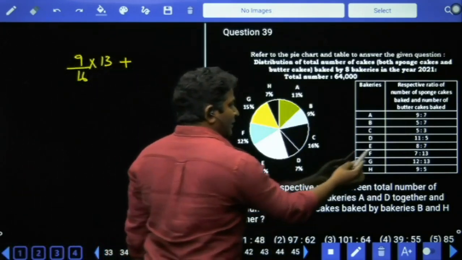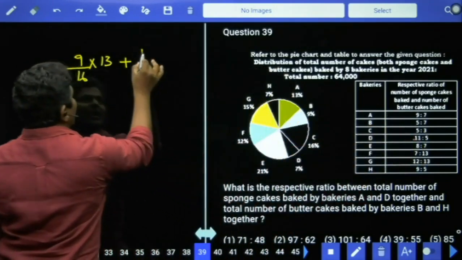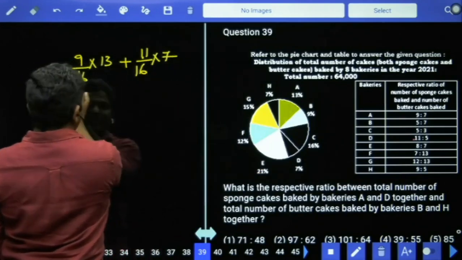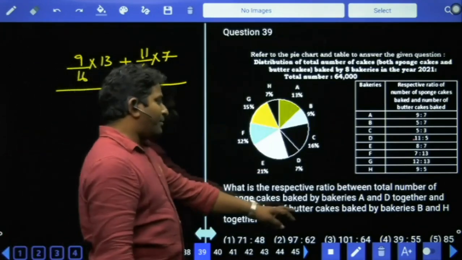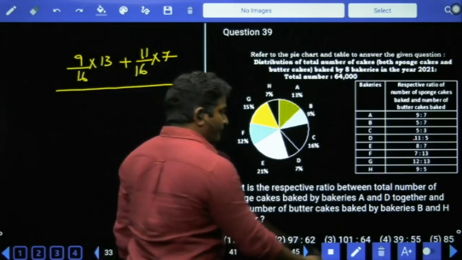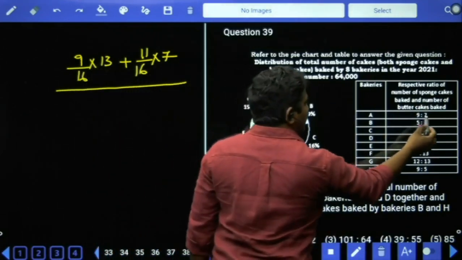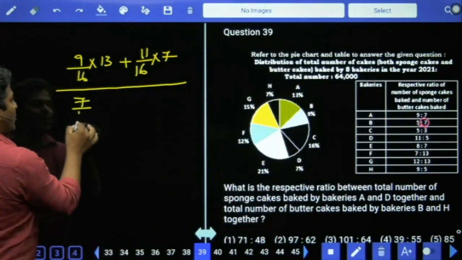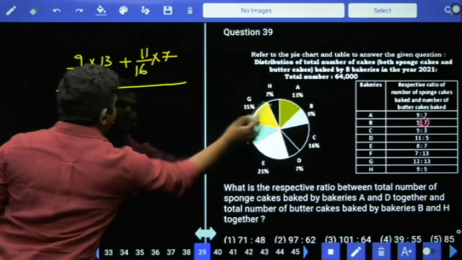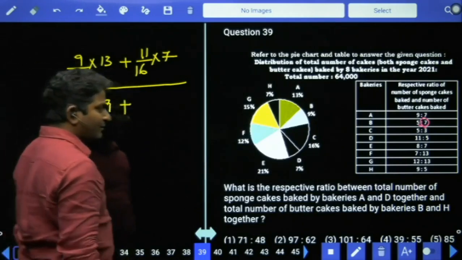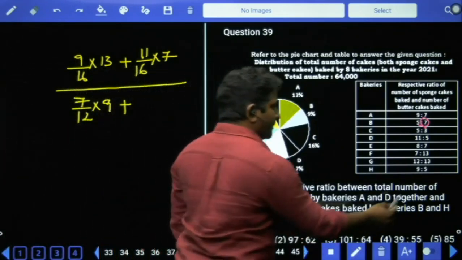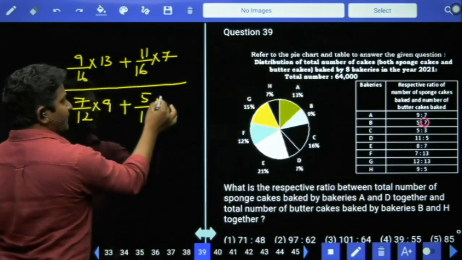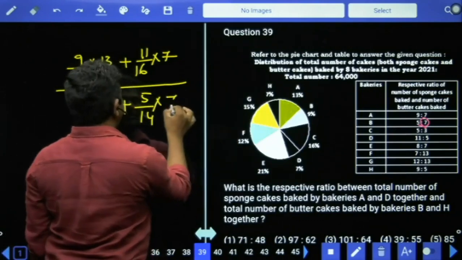In D, 11 parts out of 16 parts among 7%, divided by butter cakes from B and H. Butter cake, second one, 7 parts out of 12 parts among B is 9% and H is 5 parts out of 14 parts among 7%.